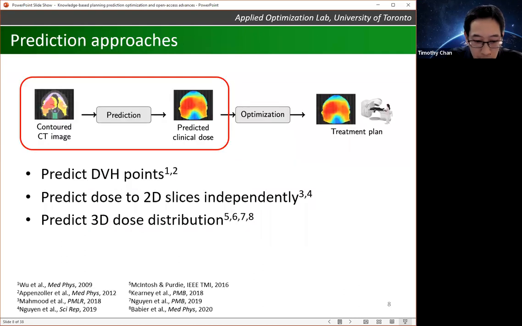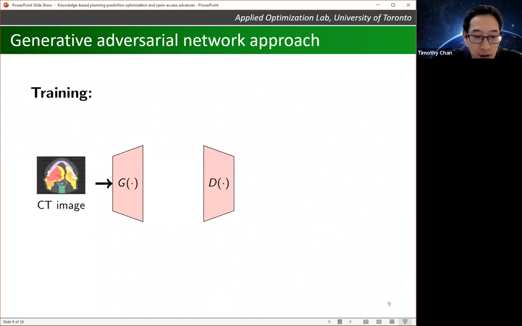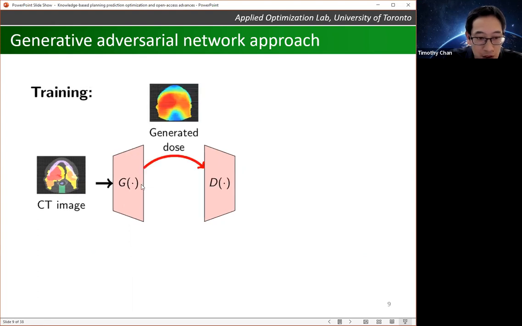So our approach, I can't remember if it's one of these papers, it might be this one, where we started to look at, this was basically when GANs were becoming very hot. And so we looked at using a generative adversarial network to predict dose distributions. We would take a CT image and feed it into a neural network to make a prediction.